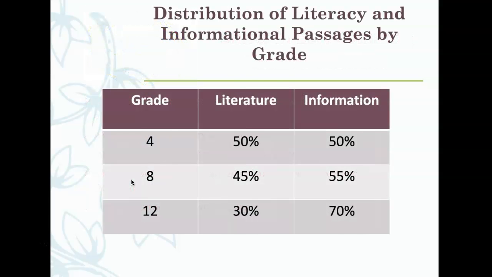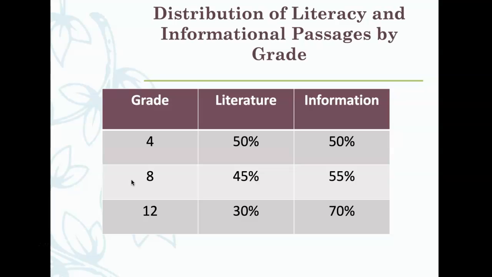So in terms of literature and informational passages by grade, in grade 4 it's a 50-50 split, right? Up to grade 4, you get half literature, like stories and fiction, and half informational text.